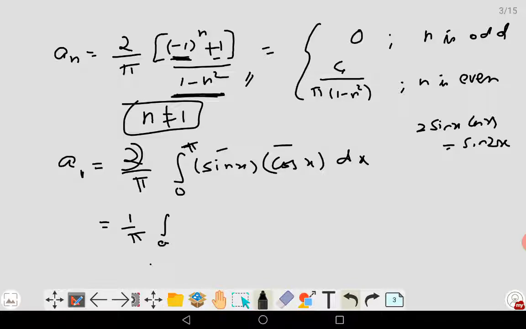So integration 0 to pi sine 2x dx. That is 1 over pi.